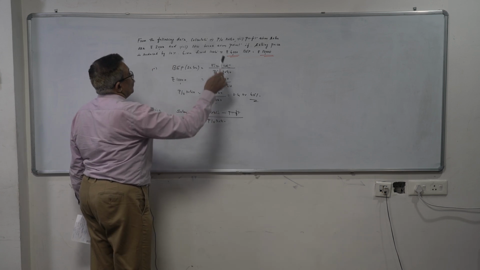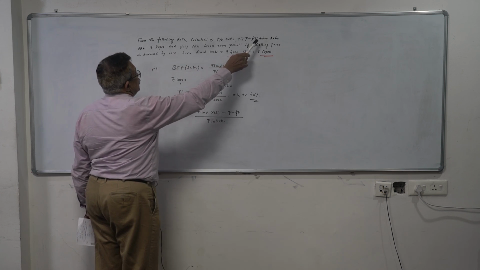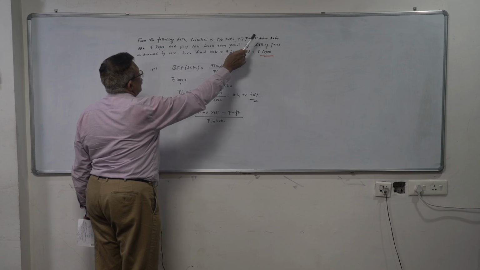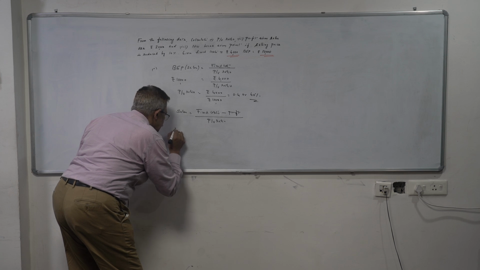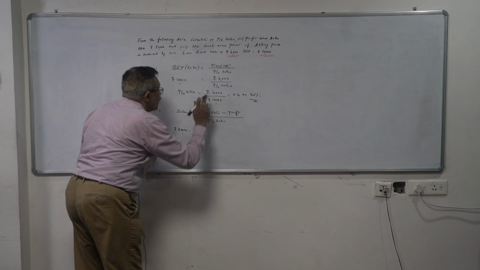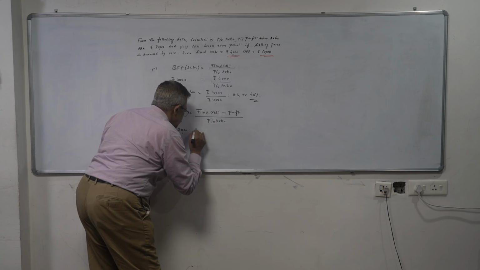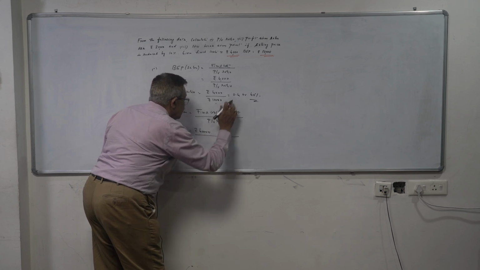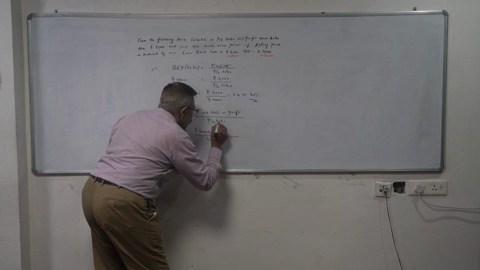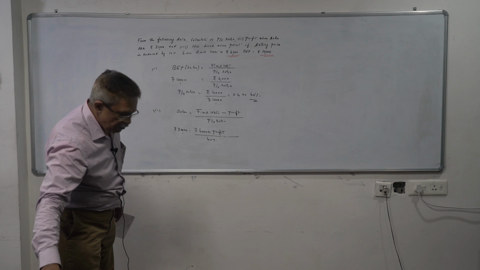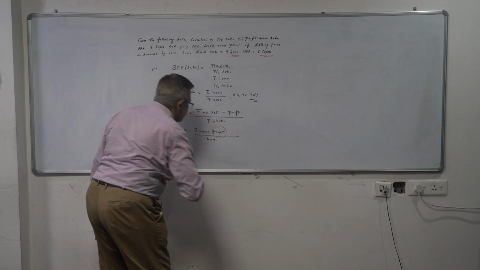Now he says he wants to find out what is the profit when sales are 20,000. So let us substitute this particular 20,000 here. When sales are 20,000 and when fixed costs are going to be rupees 4,000, then given the PV ratio as 40%, what will be this particular profit?